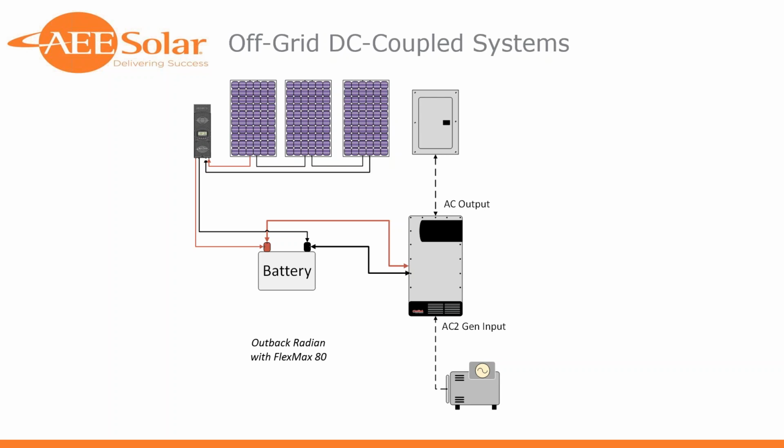Obviously, we've drawn this up with a Radian, but any of the major brands would apply here. We've got an array of 3 60-cell modules, a FlexMax 80 charge controller. The MPPT charge controller is going to modulate the voltage of this array to harvest the appropriate amount of power for the rest of the system.